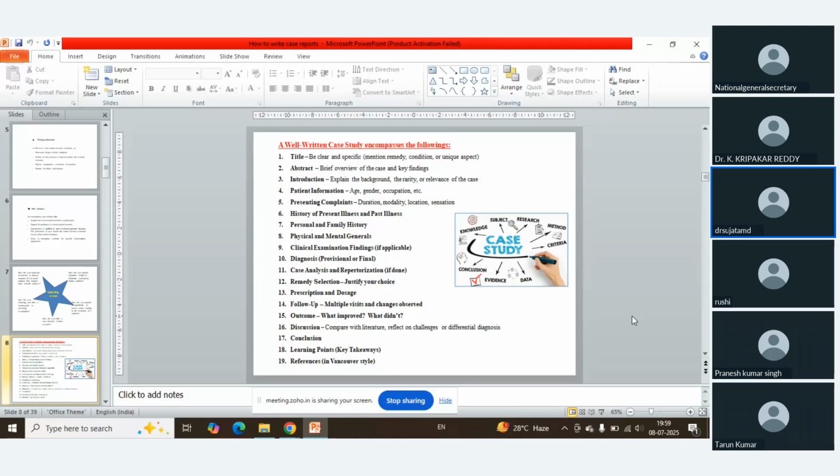Suppose a patient comes to us, so how we are taking the case in that process also the case study paper includes: personal history, physical, mental, generals, clinical examinations, diagnosis of the case, after that, case analysis, selection of the remedy, prescription, and confirmation of the doses, repetition of the doses, and follow-up outcome, how the results came, improved or not improved, and discussion, conclusion, and what are the key takeaways of the case, and at last references.